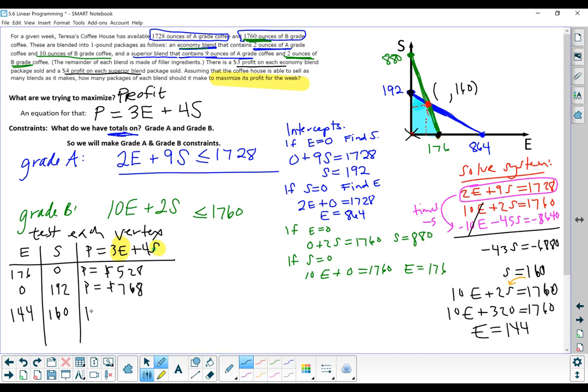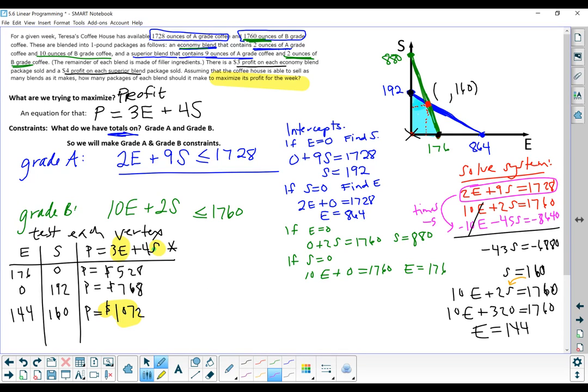And then finally, I need to sub in 144 for E and 160 for S into, again, my profit equation. And that gives me 1,072. So the maximum profit is 1,072.